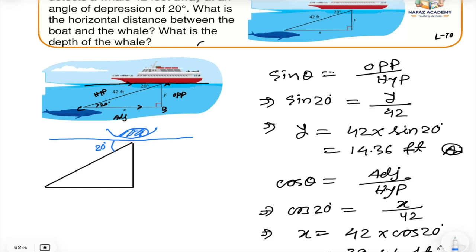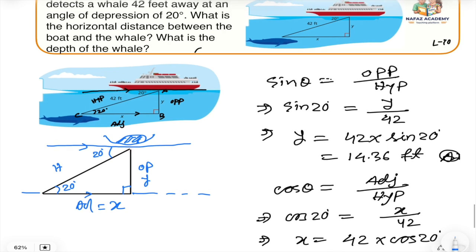It is 20 degrees. This one and that one are parallel lines. Do you understand? This one and that one are parallel lines, and it is a connecting line. So if it is 20 degrees, that will also be 20 degrees. It is the alternate angle rule, and it is 90 degrees. So it is the hypotenuse. It is opposite. It is adjacent. It is y. It is x. So y is your question and x is your question.